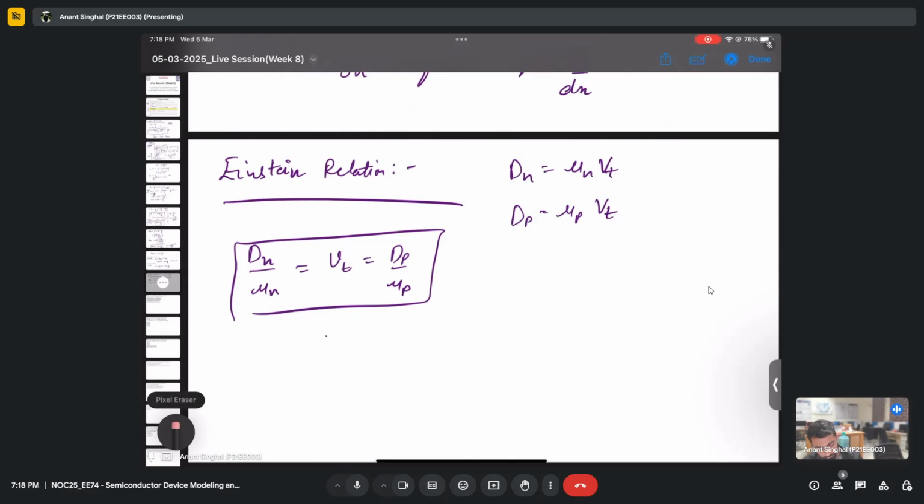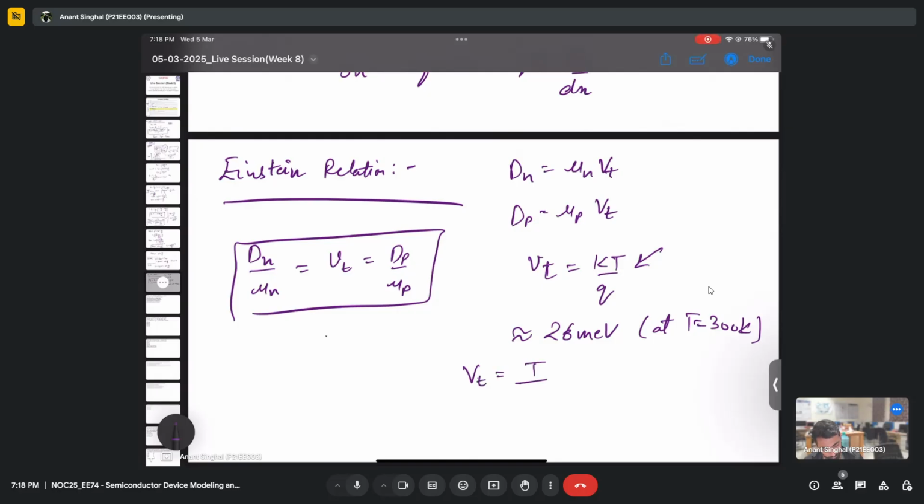And Vt, I can rewrite so that it is not confusing. It is kT by q, which is 26 millivolts. I mean, we have established this at T equals 300 Kelvin. You can also put in the values of k and q. The exact formula for Vt comes out to be T by 11,600 volts.